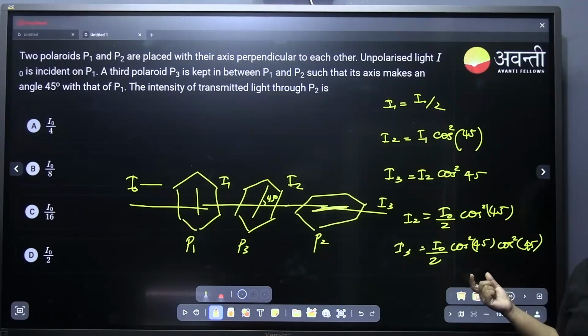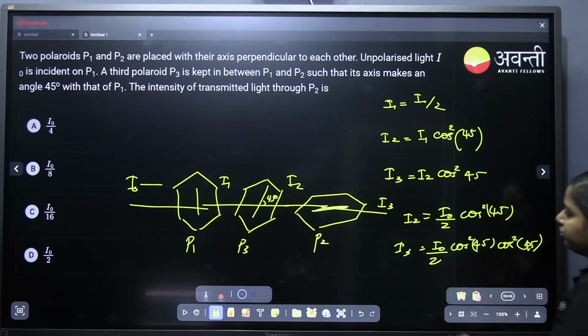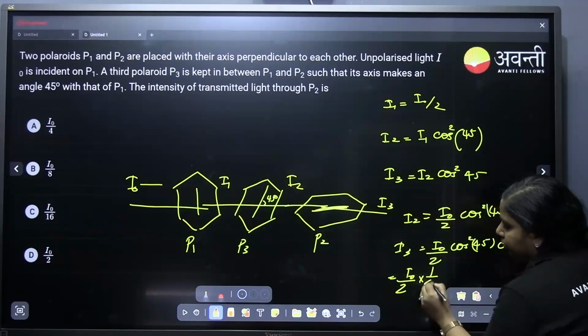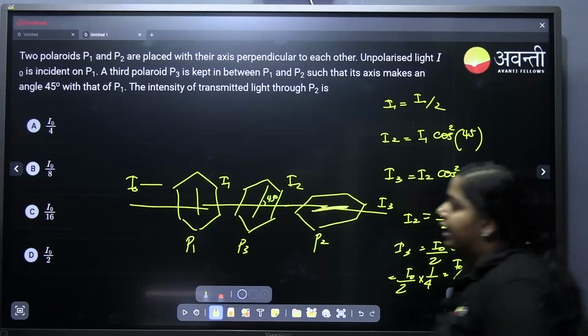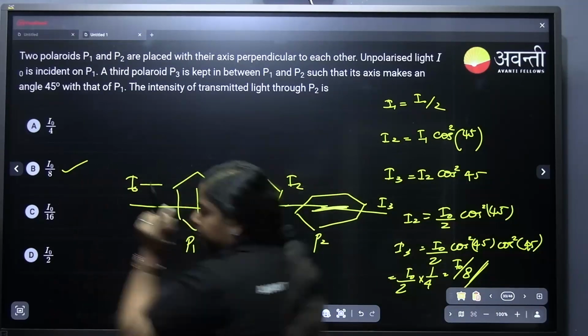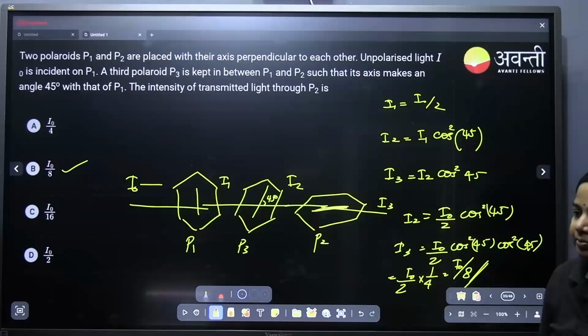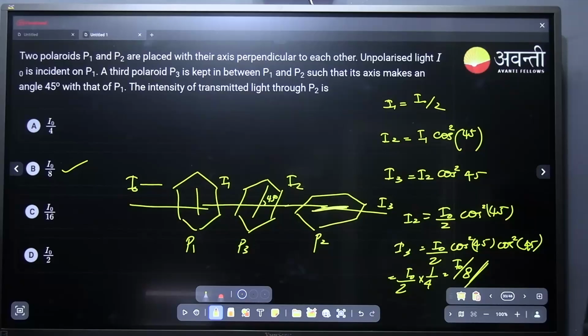Cos 45 is 1 by root 2, squared is 1 by 2. 1 by 2 into 1 by 2 is 1 by 4. I0 by 2 into 1 by 4 is equal to I0 by 8. Answer is option B. Okay, is it clear? Is there any doubt in this? If not, let's move on.